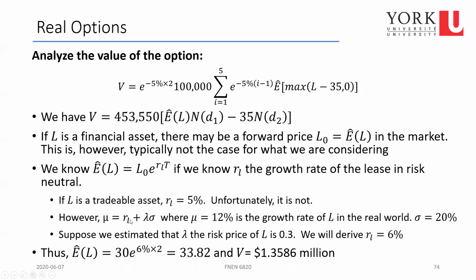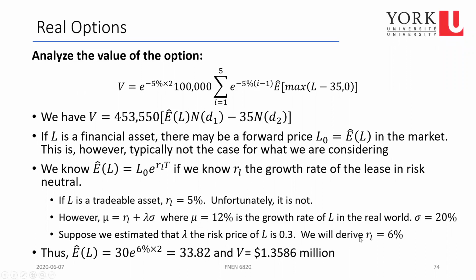Well, here the risk-free rate for the lease may not necessarily be 5%. When you look at what you observe, the expected growth, which you can probably get from historical data, let's say it is 12% per year. And you will know that it's actually related to the risk-free rate plus some risk price modified by the volatility here.